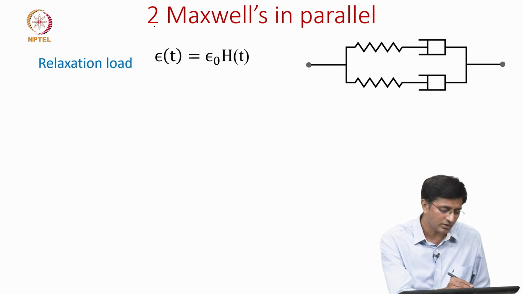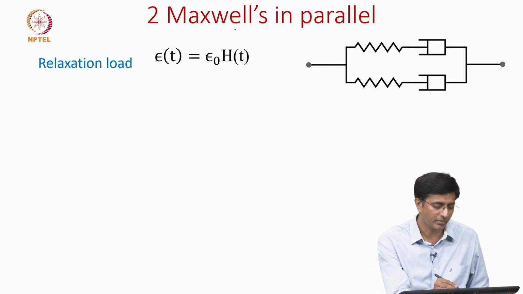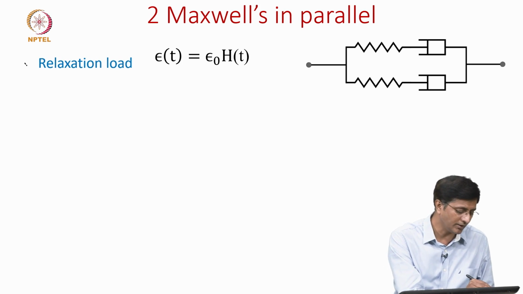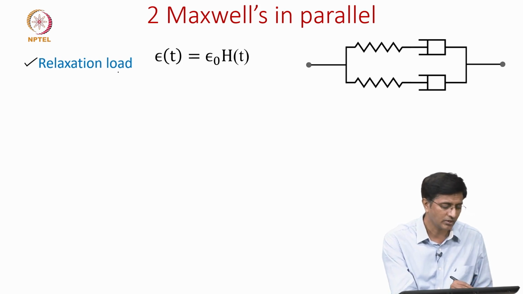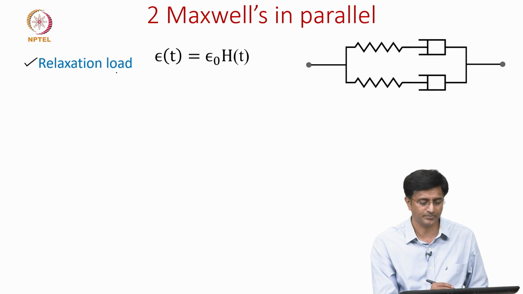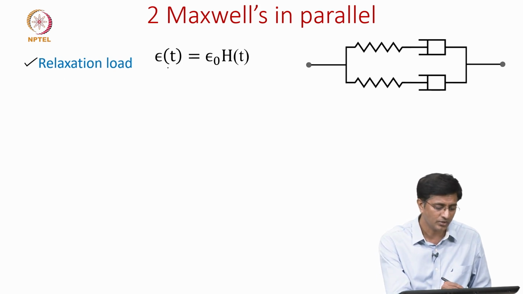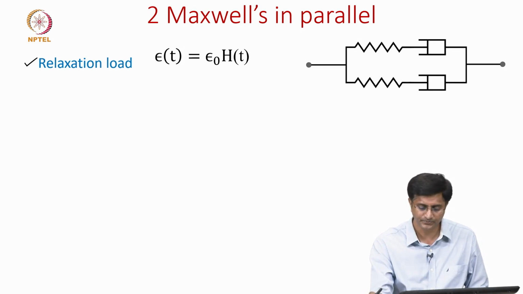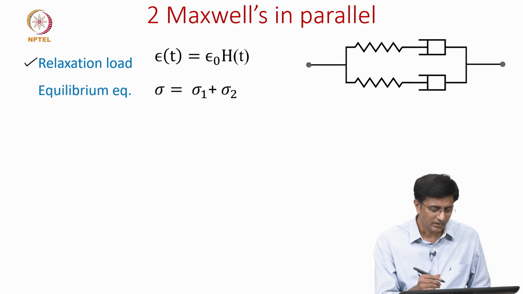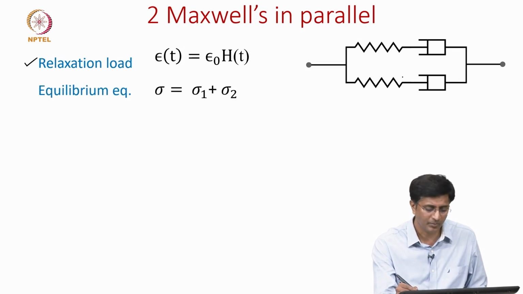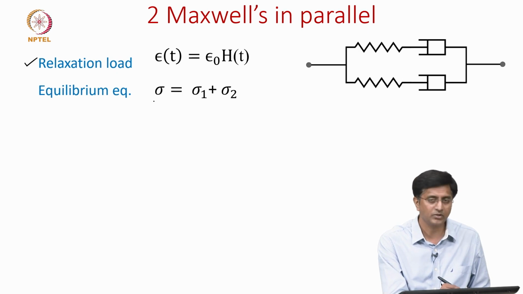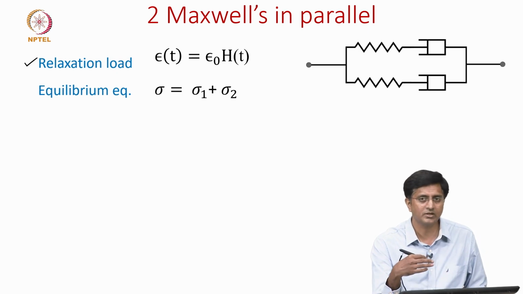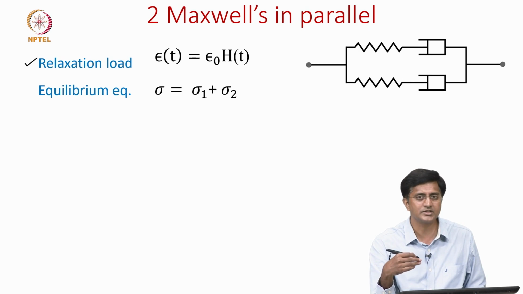So, we said we are again looking at these two Maxwells in parallel, but this time we will be interested to know what is the response to relaxation load. So, as we all know, relaxation load is given by this sigma naught times the step function H of t. And since both of them are in parallel, we said the equilibrium equation is stress can be written as the sum of stresses in the first and the second Maxwell model.